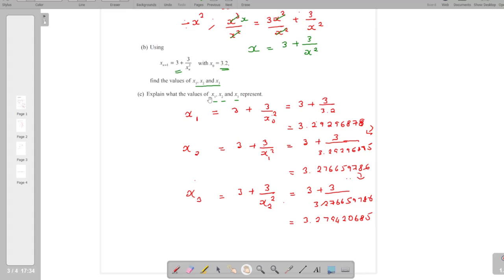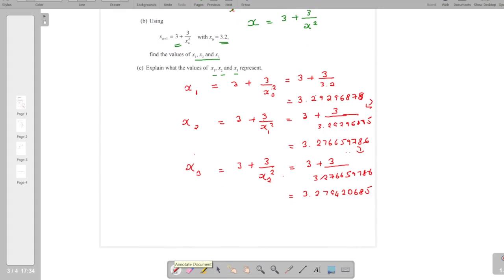Now explain what the values of x1, x2, x3 represent. So what do they represent? They basically are the estimate. They are getting more and more accurate.